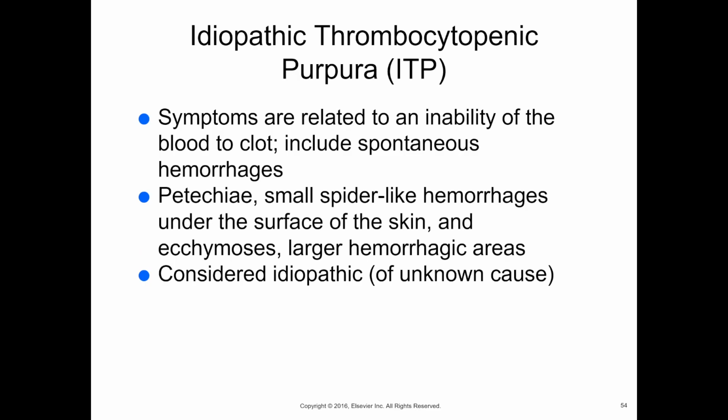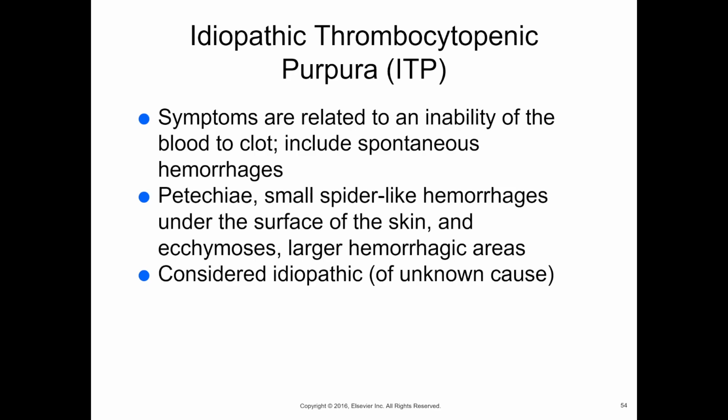Next, idiopathic thrombocytopenic purpura. We'll see a picture of this on another page. But this is an acquired disorder related to deficiency of platelets. So the person starts to kind of have pinpoint bleeding or petechiae.